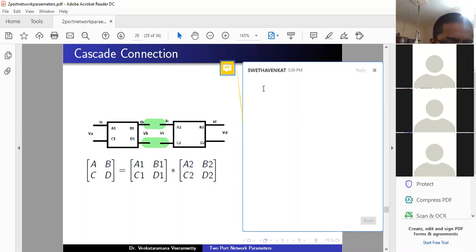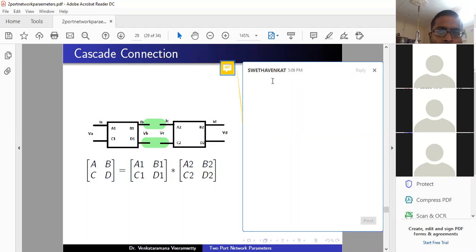See, now first concentrate on the first two-port network, having the ABCD parameters A1, B1, C1, and D1. Now, tell me what is the relation between VA and IA in terms of VB and IB using the ABCD parameters? Note down the equation first.